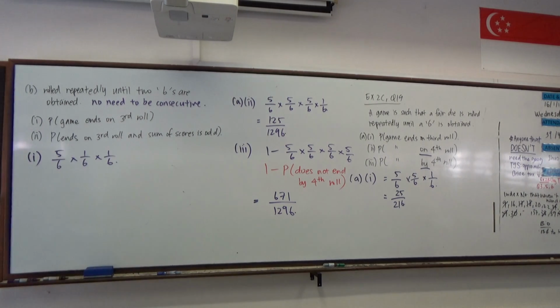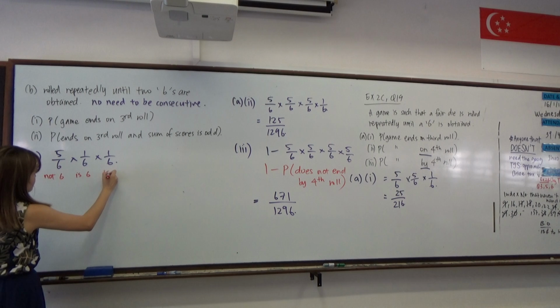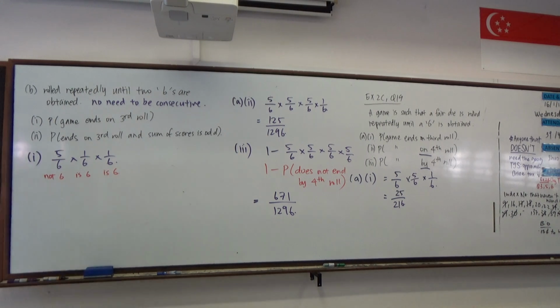So for it to end on the 3rd row, it could be a case whereby my first row is not a 6, second row is a 6, 3rd row is a 6. Then I will get 2 sixes. So not 6, 6, 6. I get 2 sixes already, then the game ends by the 3rd row.